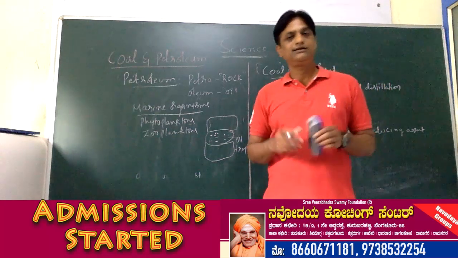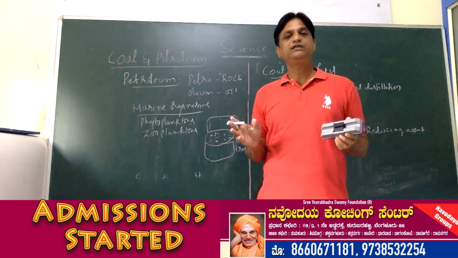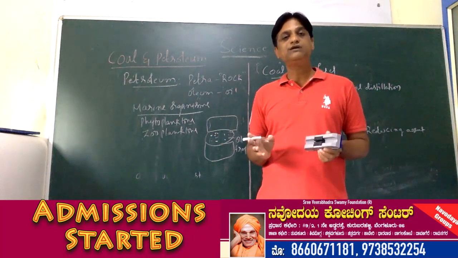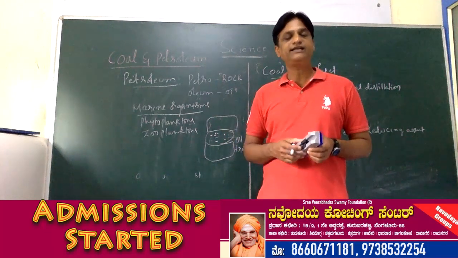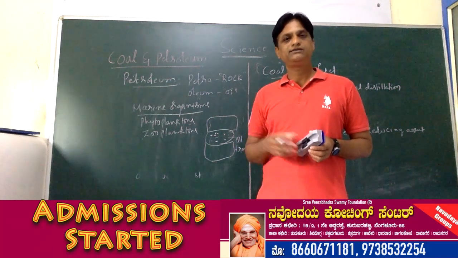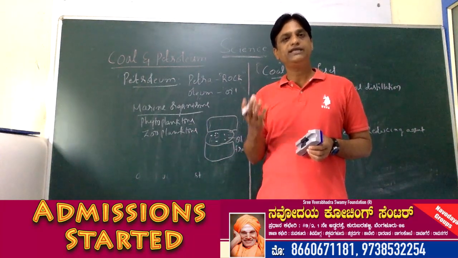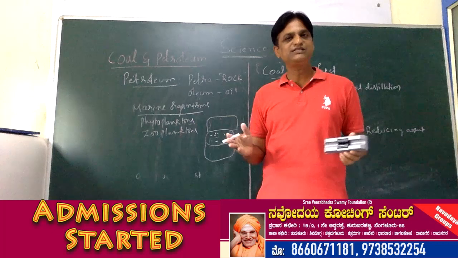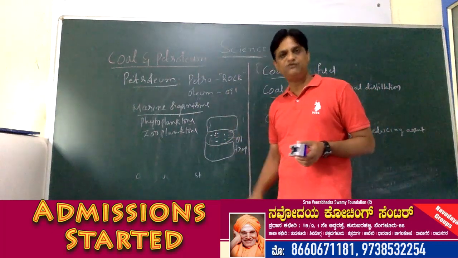I think you know about Gulf countries. Today, the world's maximum production of petroleum happens in Gulf countries. Kuwait, Dubai, Iran, Iraq, Saudi Arabia, you have heard of these places. They are the places where petroleum is found.